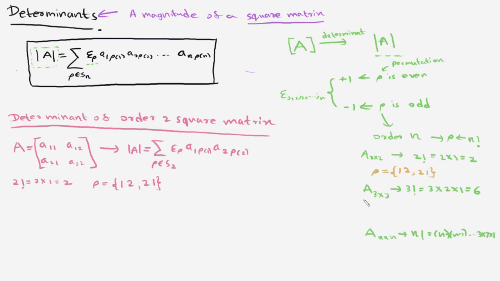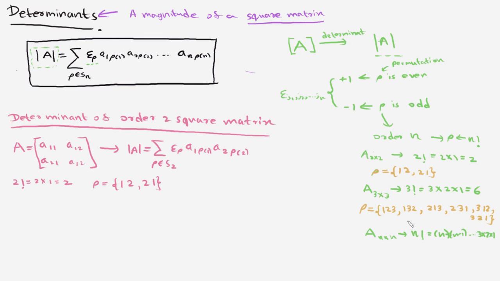And for an order 3 matrix, there will be 6 permutations. So you know how to write 6 permutations. It will be 1, 2, 3 and 1, 3, 2 and 2, 1, 3, 2, 3, 1 and 3, 1, 2 and 3, 2, 1.